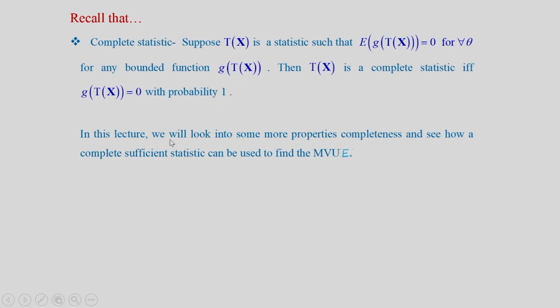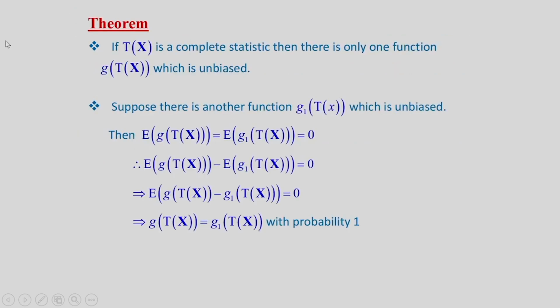In this lecture, we will look into some more properties of completeness and see how a complete sufficient statistic can be used to find the MVUE, minimum variance unbiased estimator. We will start with a theorem. If T(x) is a complete sufficient statistic, then there is only one function g(T(x)) which is unbiased.